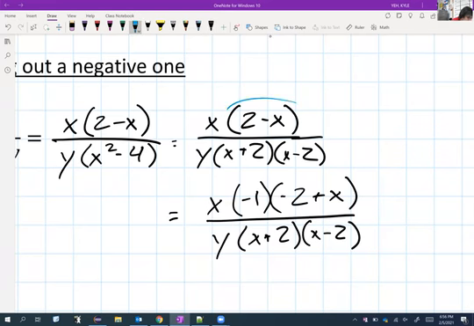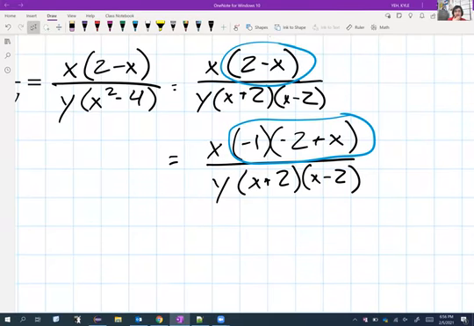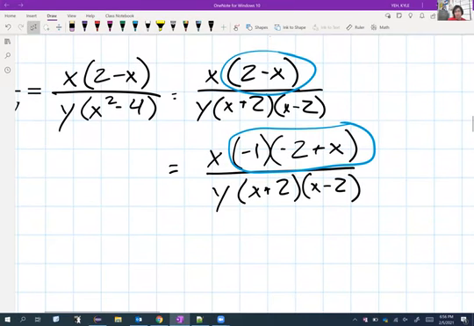Look at this factor right here in blue, and I'd like you to convince yourself that it matches negative 1 times negative 2 plus x. Because when we pull a negative 1 out, it just flips all the signs, right? We've seen that many times. So by pulling that negative 1 out, it becomes negative 2 plus positive x.